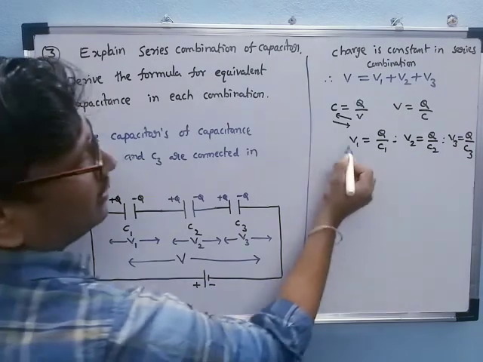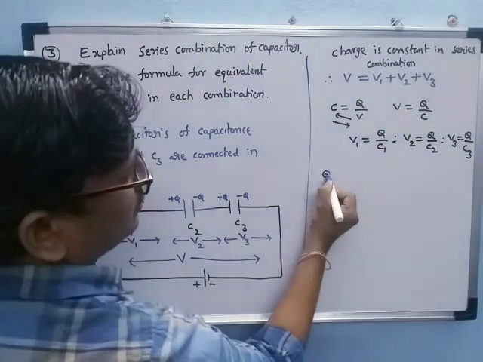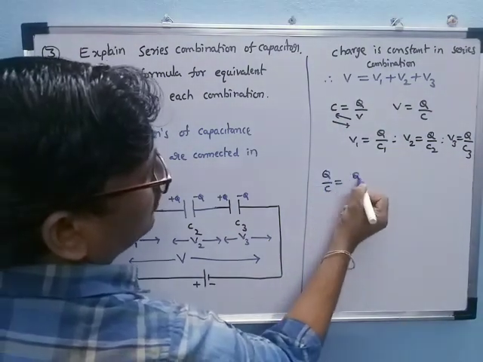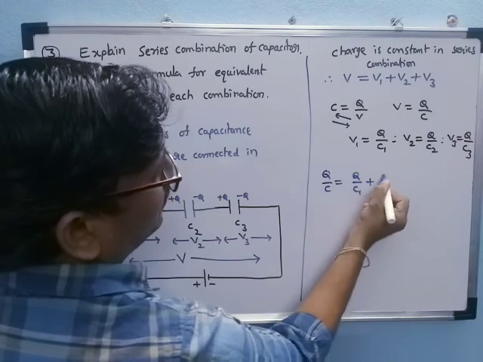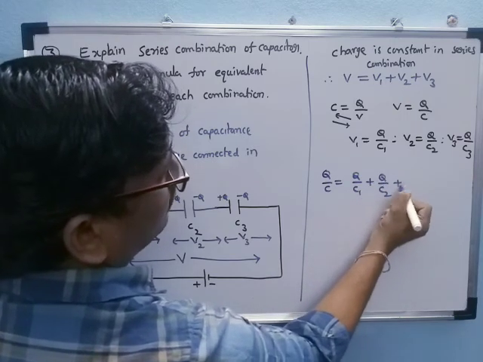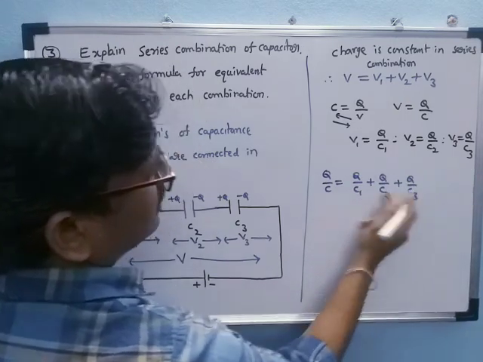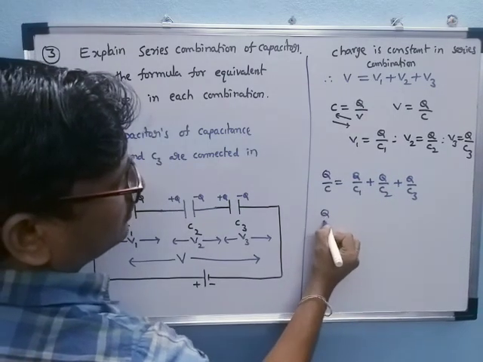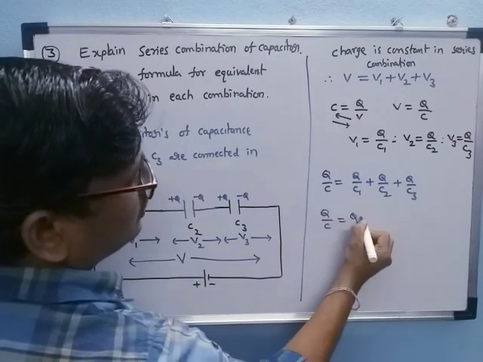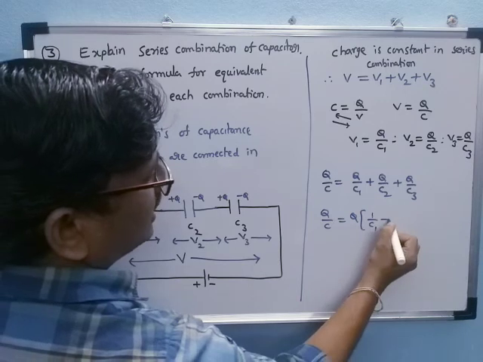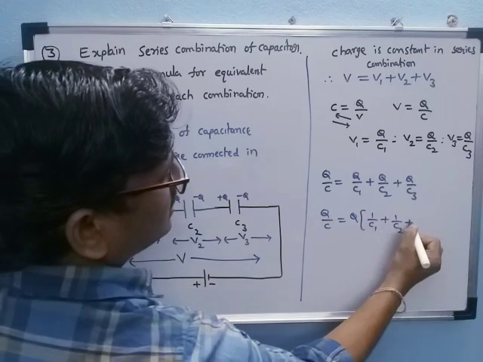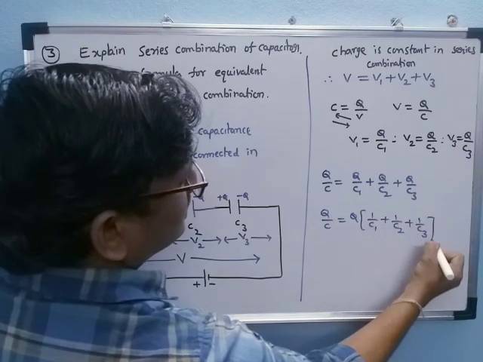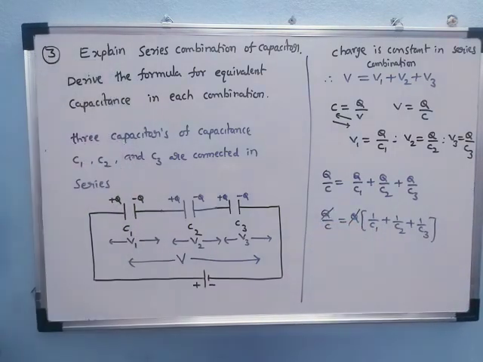Then V is equal to Q by C, which equals Q by C1 plus Q by C2 plus Q by C3. Now take Q as common: Q by C equals Q times 1 by C1 plus 1 by C2 plus 1 by C3. Now Q gets cancelled.